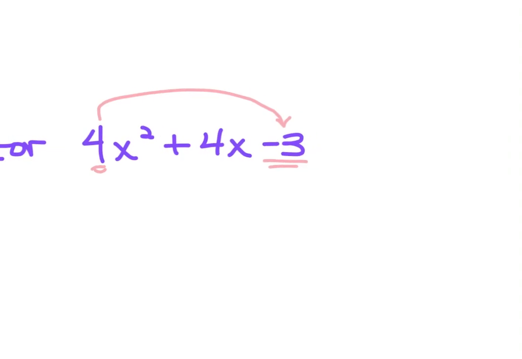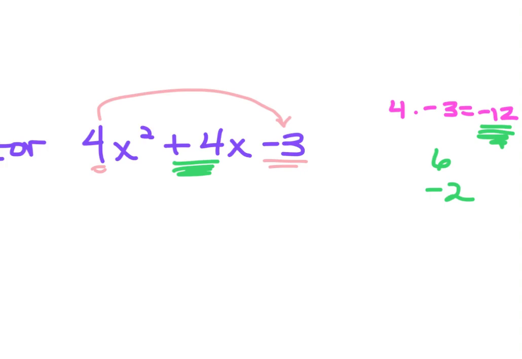So for this, 4 times negative 3 is negative 12. And then you want to look for two numbers that multiply to negative 12 and add to positive 4. Those two numbers are going to be positive 6 and negative 2. Positive 6 times negative 2 is negative 12, and positive 6 plus negative 2 is positive 4.